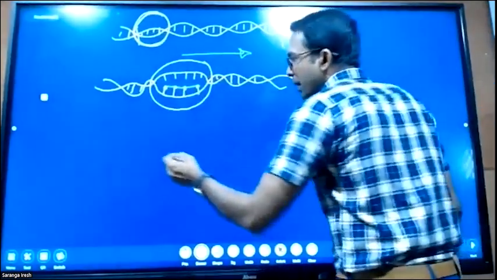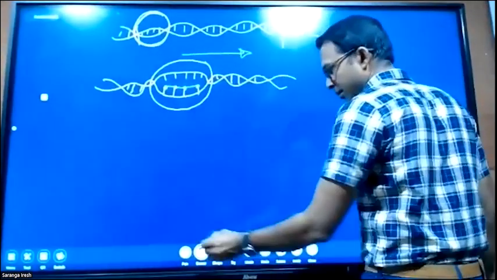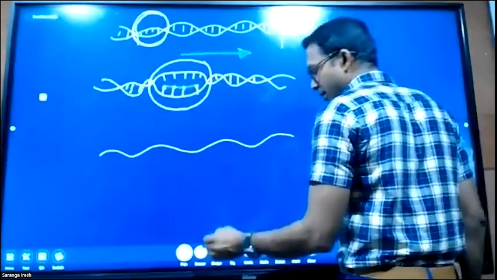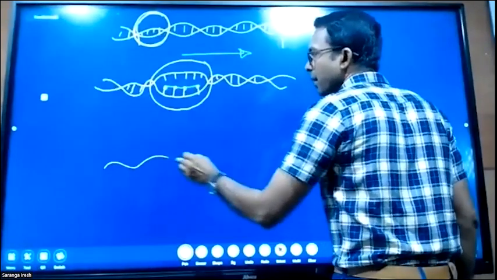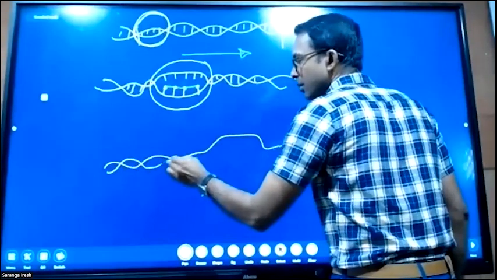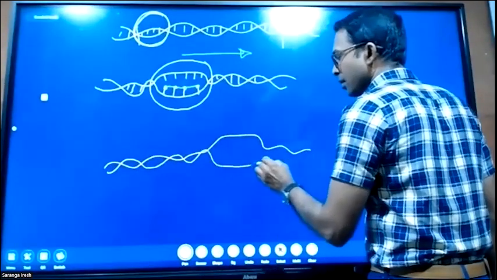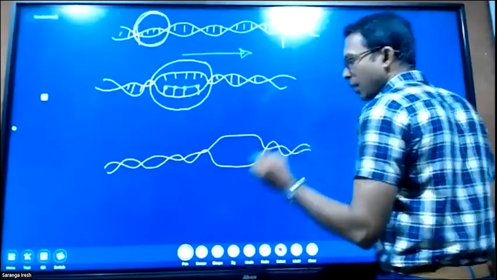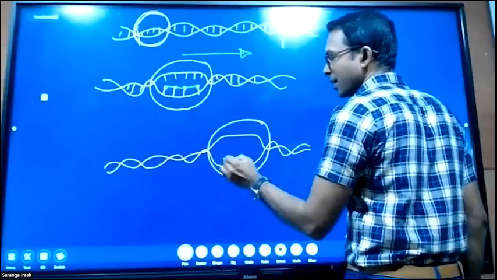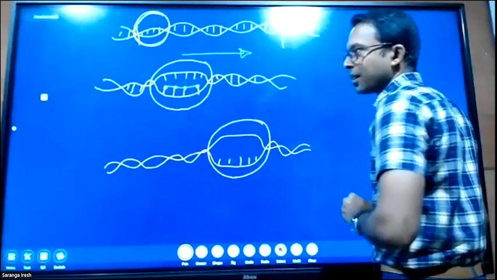Then what happened here? The RNA polymerase is moving. Now RNA polymerase is here. The bases are open here.